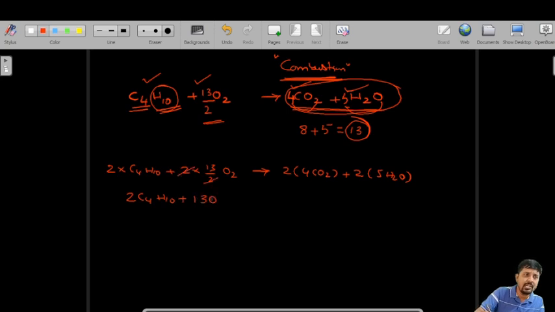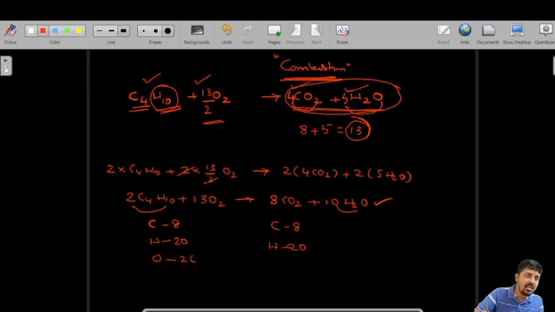It will become 13O2 gives rise to 8CO2 plus 10H2O. Now see, carbons are 8. Carbons are 8. Hydrogens are 20. Hydrogens are 20. Oxygens are 26.